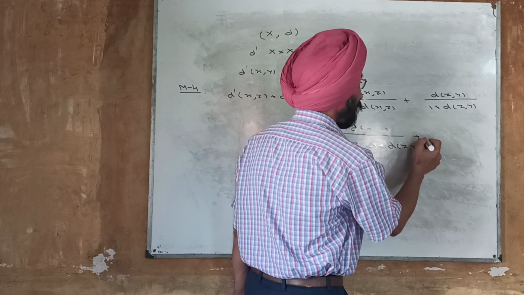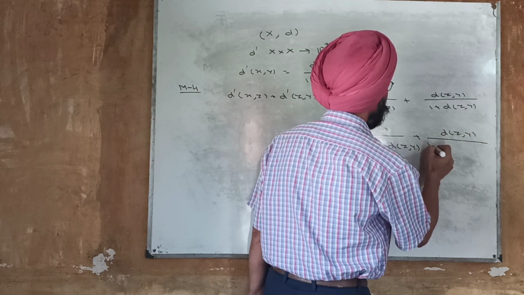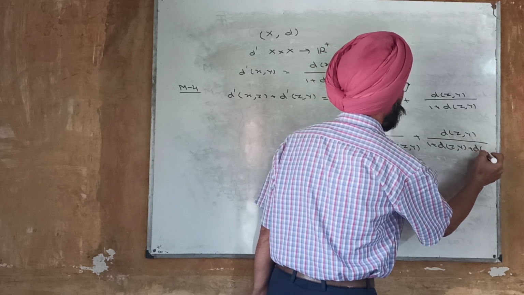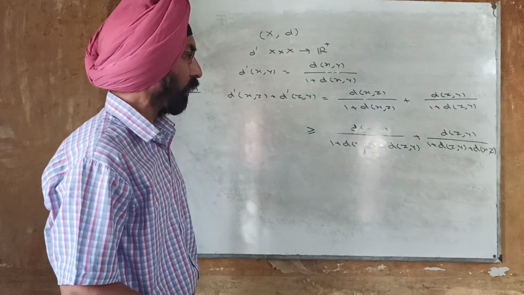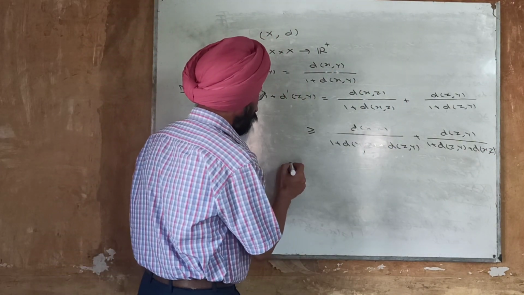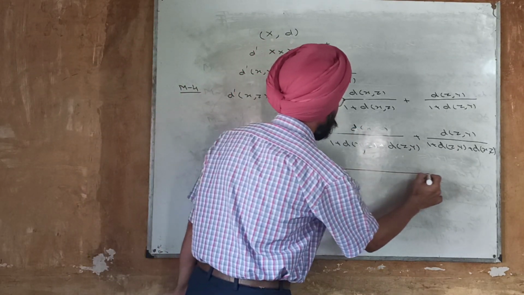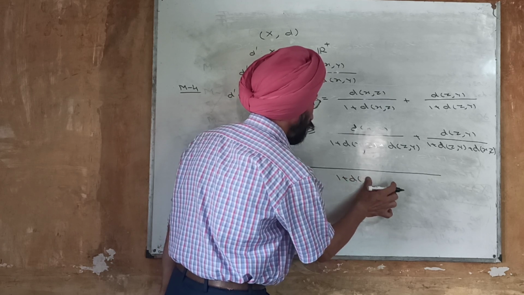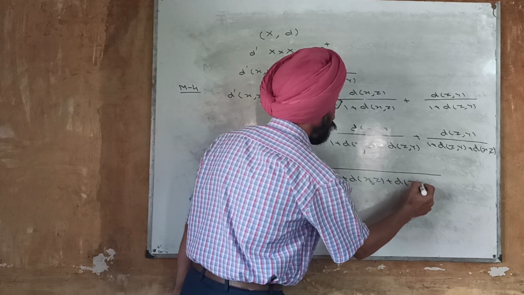Plus, similarly, I am going to add in the denominator 1 plus dzy, and I am going to add d of xz here. Now, this is equal to, if I take the LCM, now both the denominators are the same, d of xz plus d of zy.